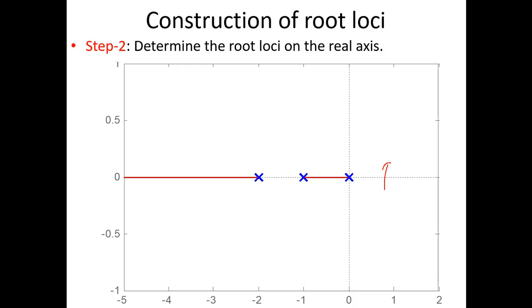This P0 was not included on the root locus, so we have not mentioned that. P1 was on the root locus, so we have drawn a line showing the maximum limits of these roots. These roots will be moving along this line. Similarly, this root will be moving along this line. These are the basics of root locus construction.